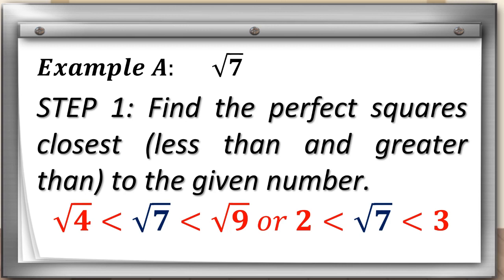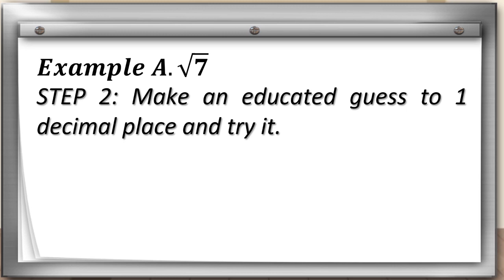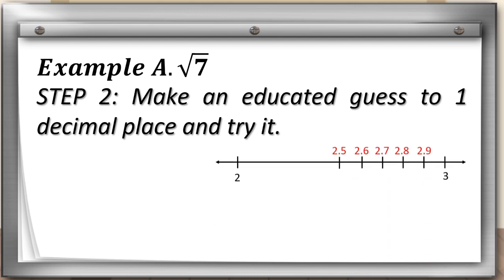And since 7 is closer to 9 than 4, we know that square root of 7 is closer to 3 than 2. Step 2. Make an educated guess to one decimal place and try it. Since we know that square root of 7 is closer to 3 than 2, we then square numbers closer to 3 with one decimal place.